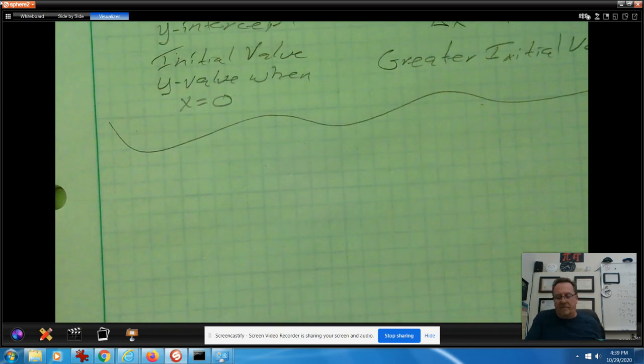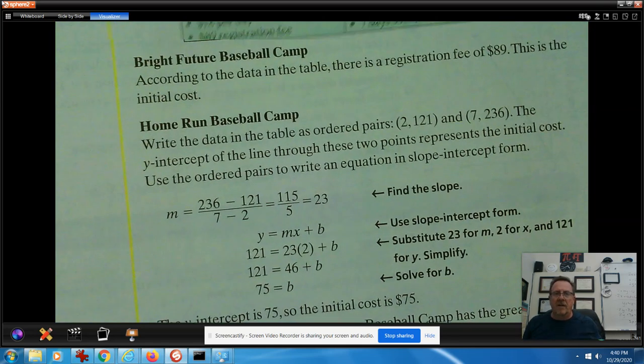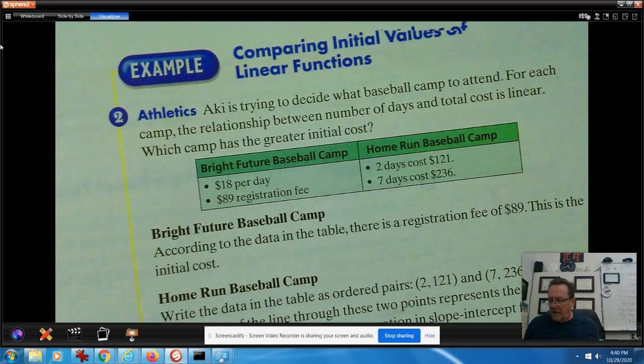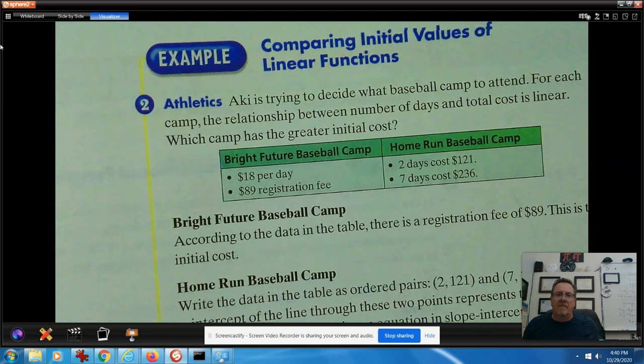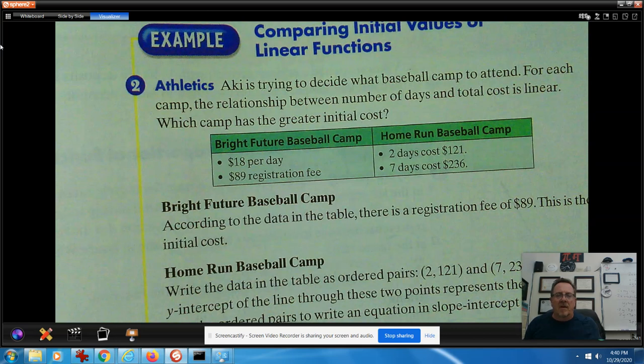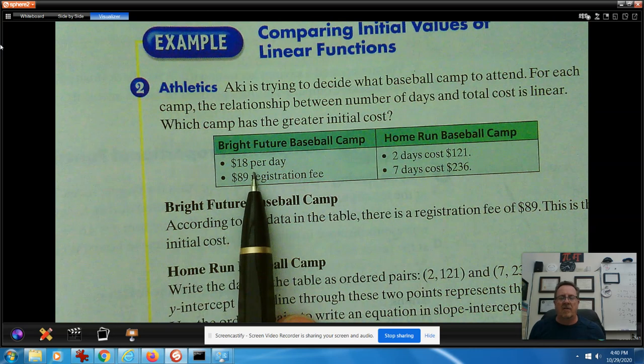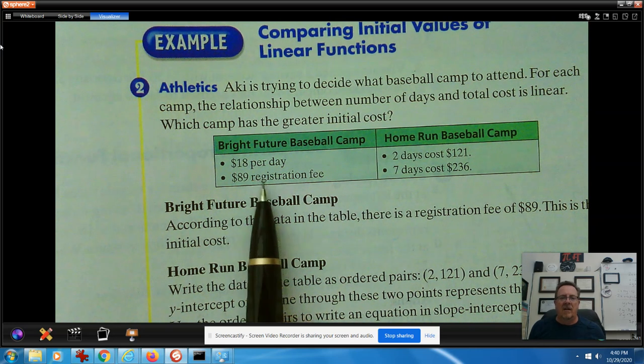But then your book goes on and gives you a slightly different type of problem. And here it says that there's a baseball camp that you want to go to, or maybe a couple that you're looking at, and that the first baseball camp charges $18 each day and an $89 registration fee.